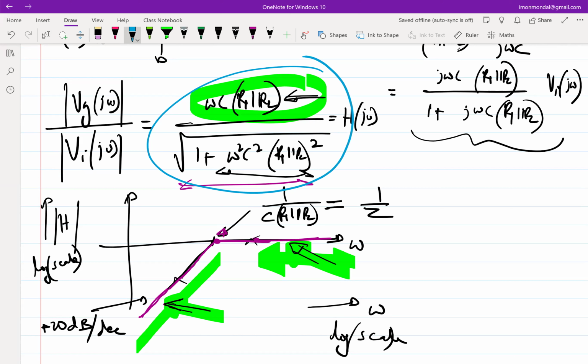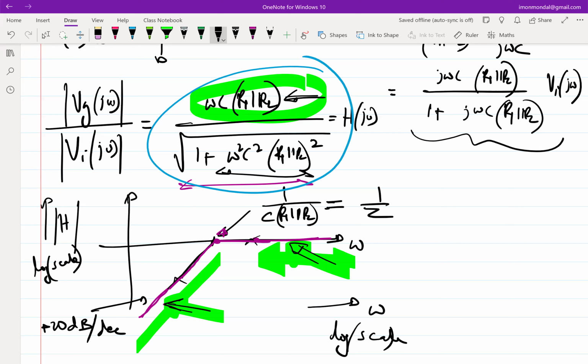When the frequency is much lower, it becomes omega times R1 parallel R2, and you take 20 log of that. So it becomes 20 log of omega, since you are plotting with respect to omega. So it's essentially a straight line of 20 dB per decade. Okay, fine.